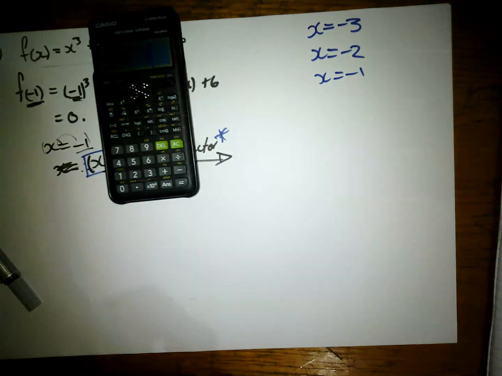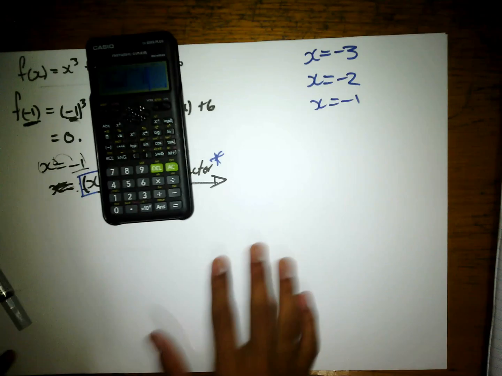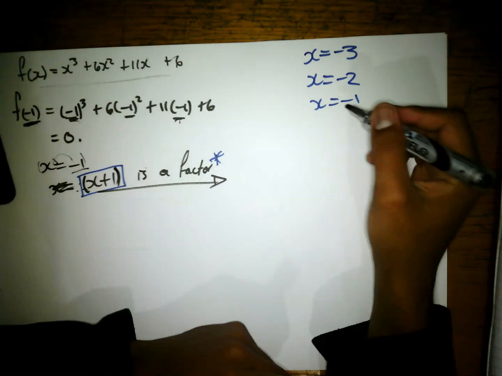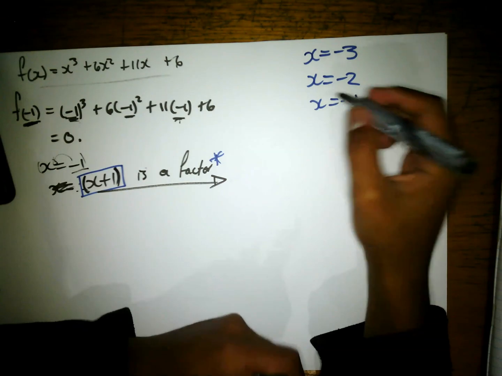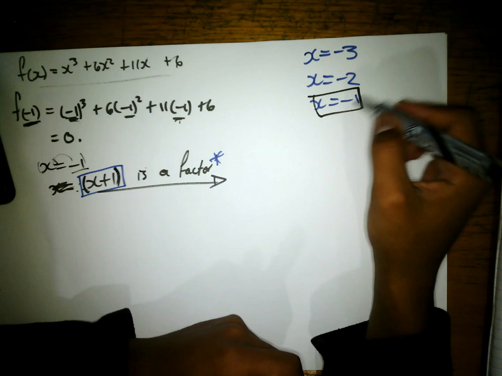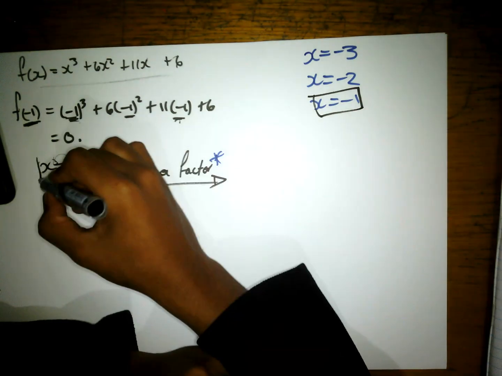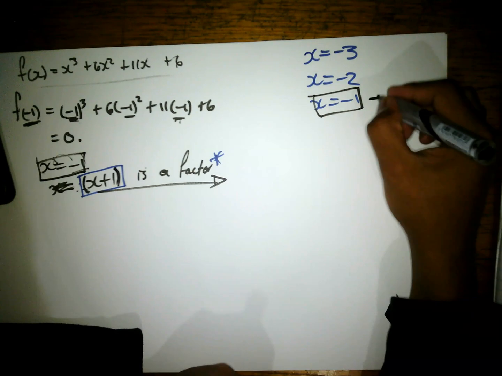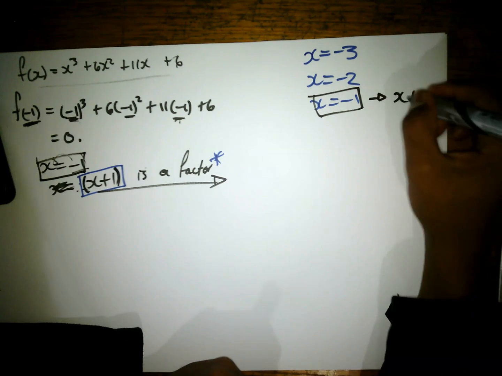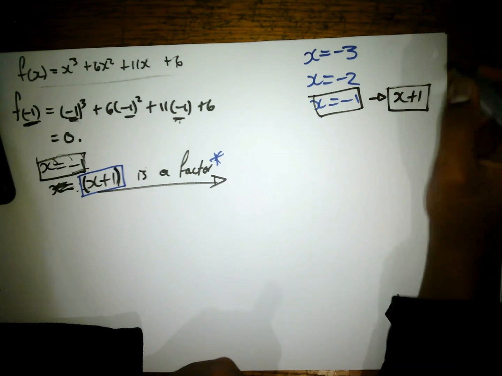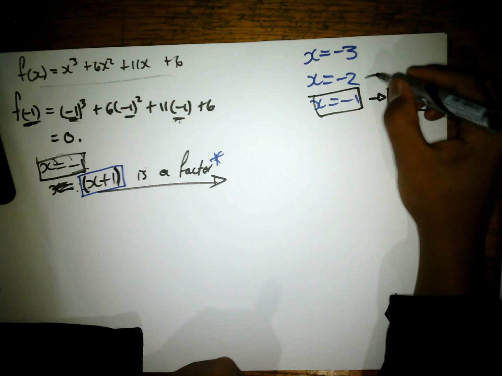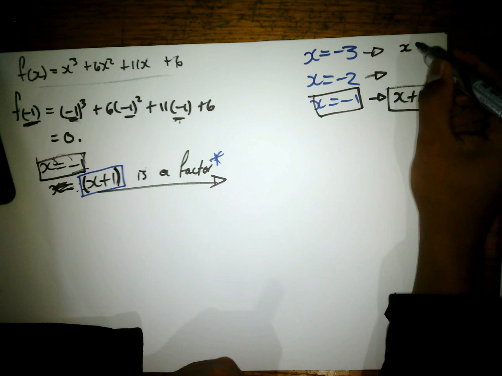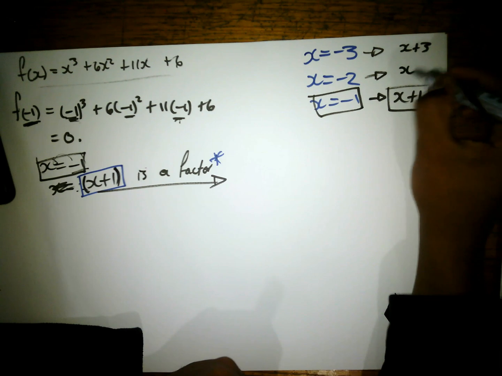Let us move on a little bit. I want you to see that this x equals -1 is this over here. So this is x plus 1, and then we should know that this is going to become x plus 3 and x plus 2.